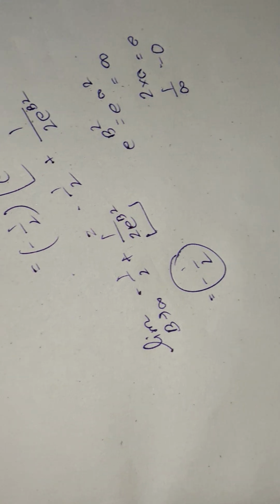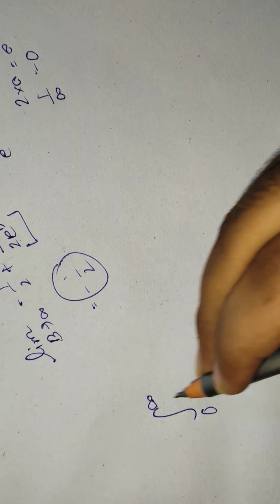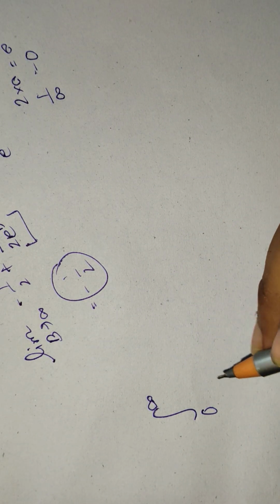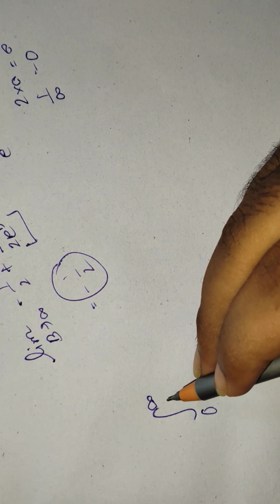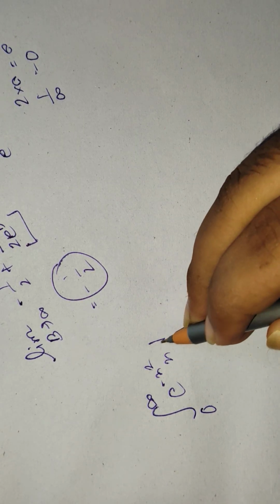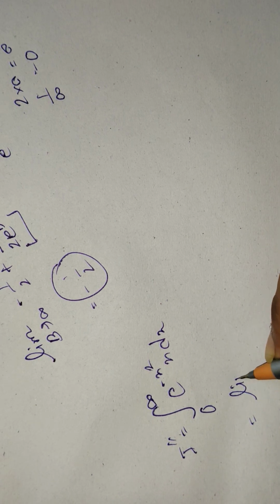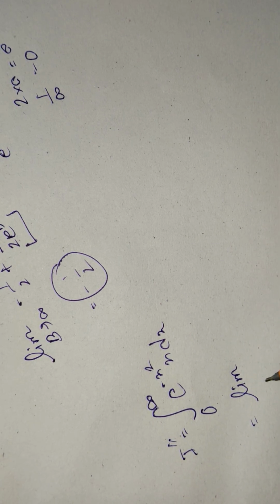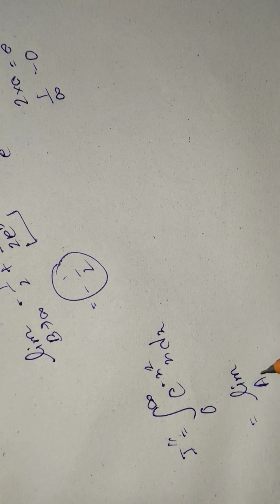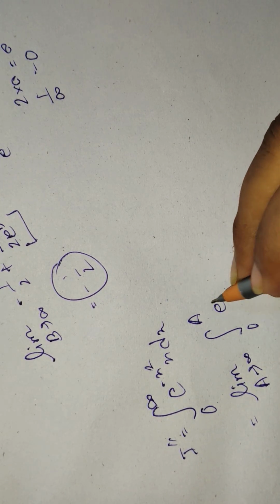Now let's talk about the second part, where we have to deal with an improper integral where the upper limit is infinity. Now the solving procedure will be the same. Just take another constant, let's say a, which is tending towards infinity, 0 to a e to the power minus x square.